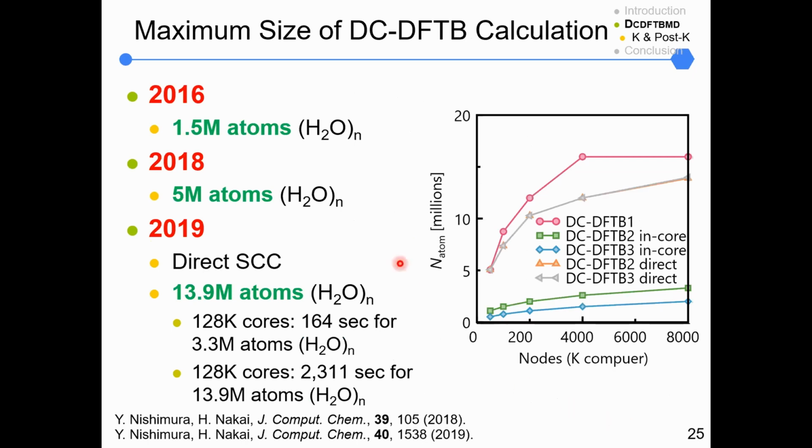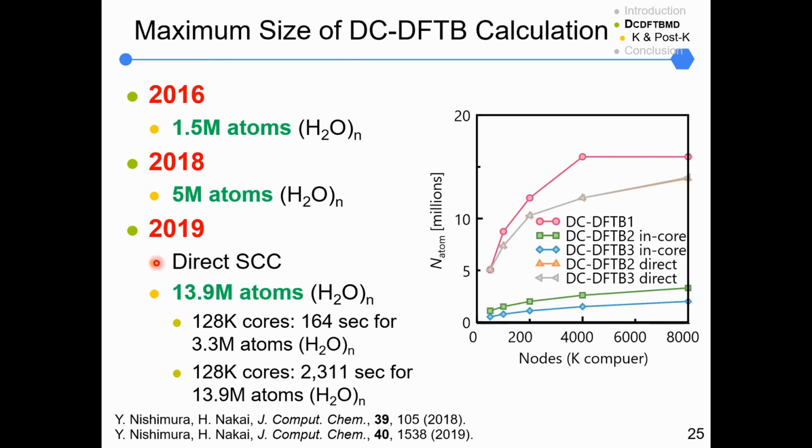We also tried to extend the system size. The bottleneck was the memory size to save the charge-charge interaction functions, so-called gamma AB and capital gamma AB in DFTB2 and DFTB3.